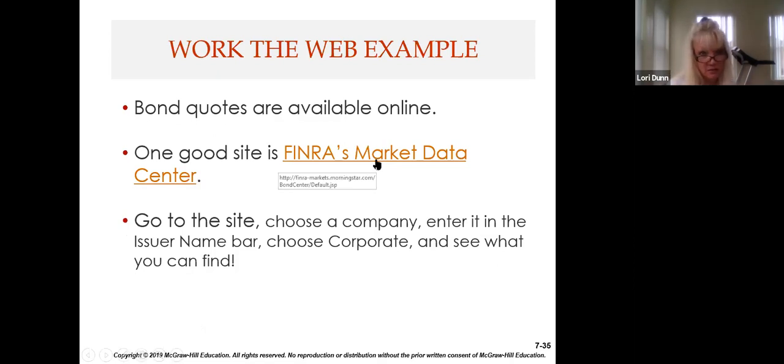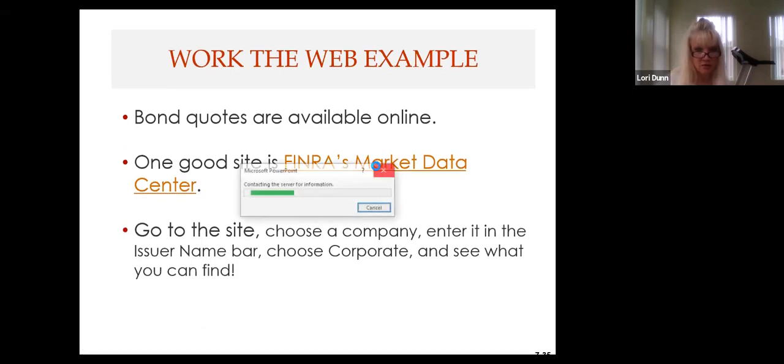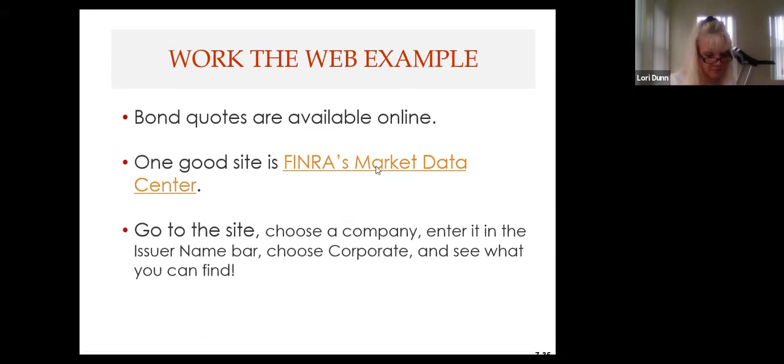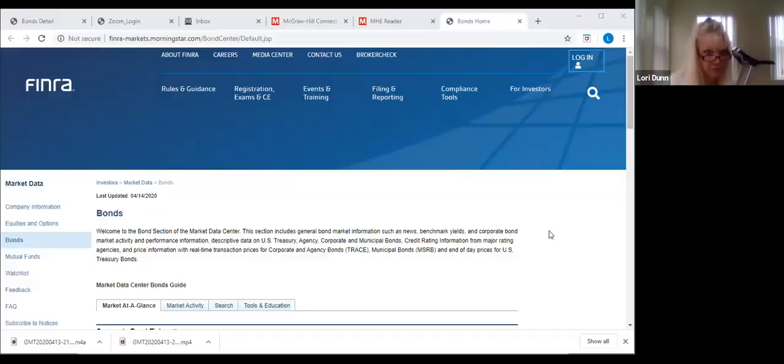So I'm going to take a run out to FINRA's Market Data Center. Okay, and that's the Financial Industry Regulatory Authority. Let me make sure you can see it. There we go.